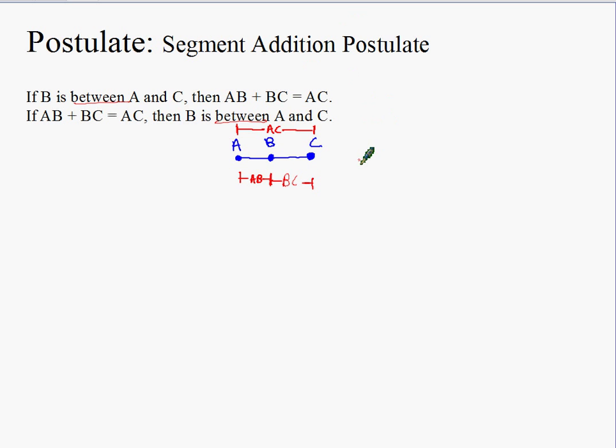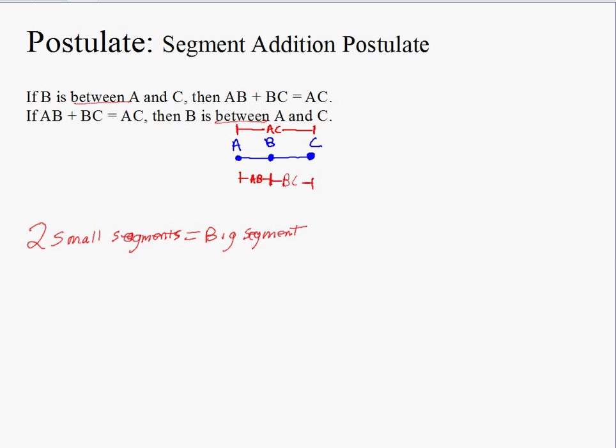So I would write down: 2 small segments are equal to the big segment. Two small segments are equal to the big segment. This is something I remember.